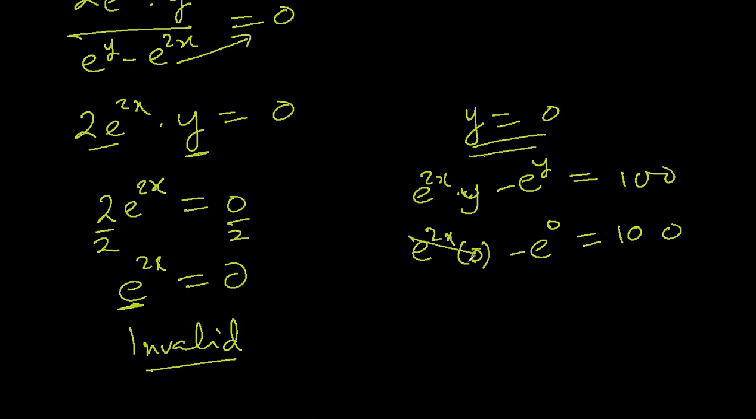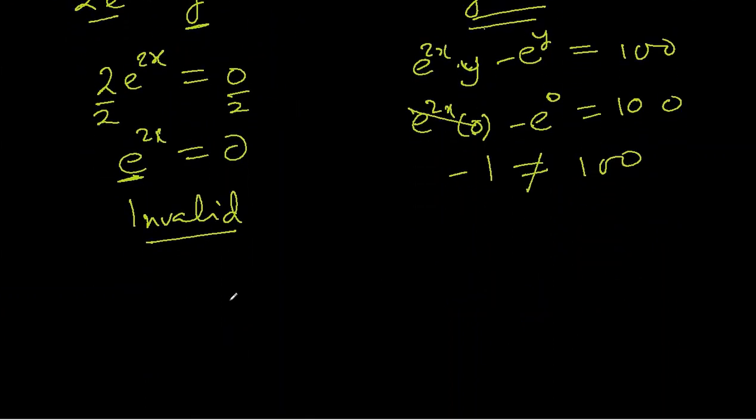This 0 will make this whole thing 0, so minus e to the power 0 is 1 equal to 100, which is not true, right? So that means both the solutions which we are getting by equating dy over dx equal to 0 are invalid. So we'll say that there is no stationary point.